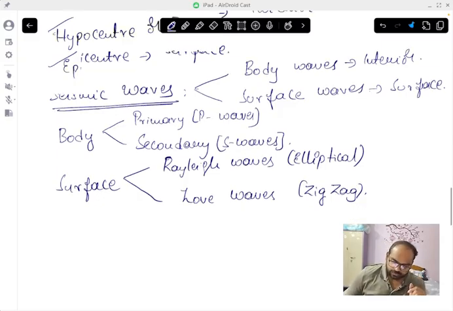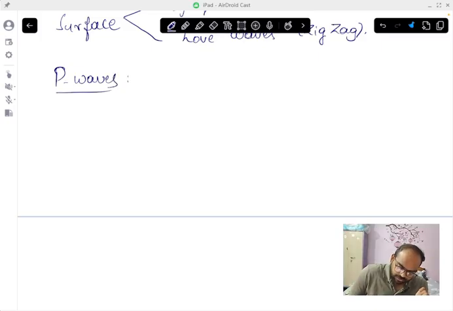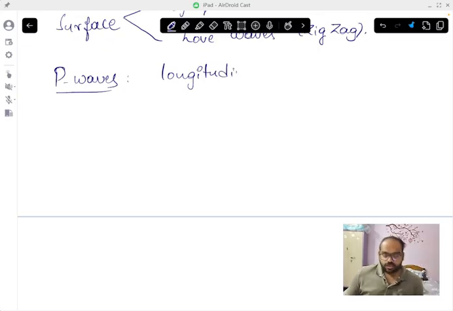Now let's look into the details about these waves. First one, primary waves or P waves. They are called longitudinal waves.